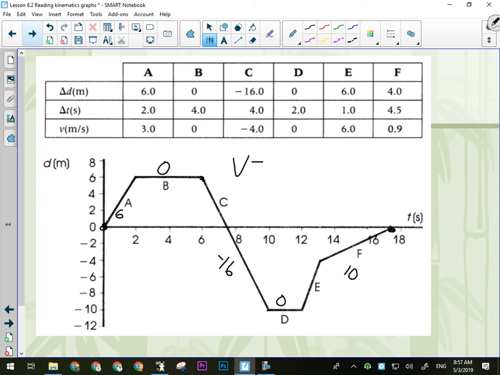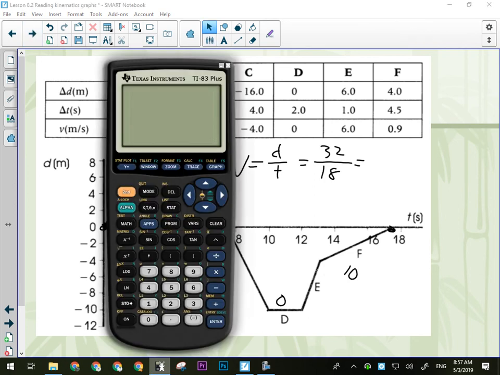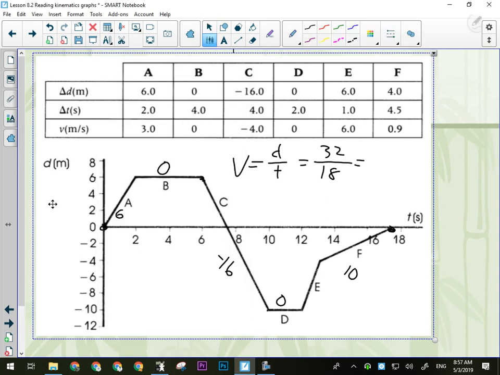Average speed is total distance divided by total time. We said assuming the whole trip takes 18 seconds, right? 32 over 18 is going to be like 1.8. So 1.78, we'll say.